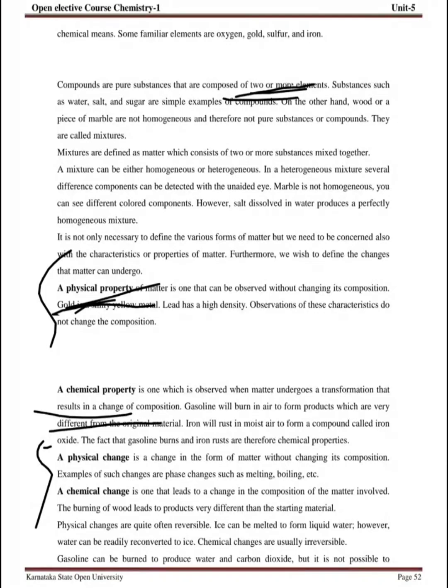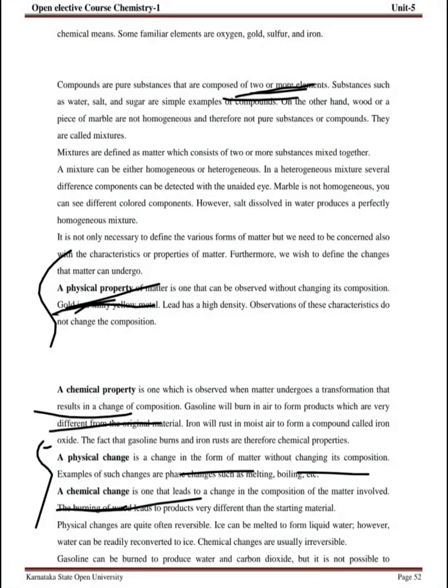Physical change means it does not change its composition; it only changes the form of matter, but there will be no change in the composition. In chemical change, there will be a change in the composition of the matter involved. So this is the difference between physical and chemical change.